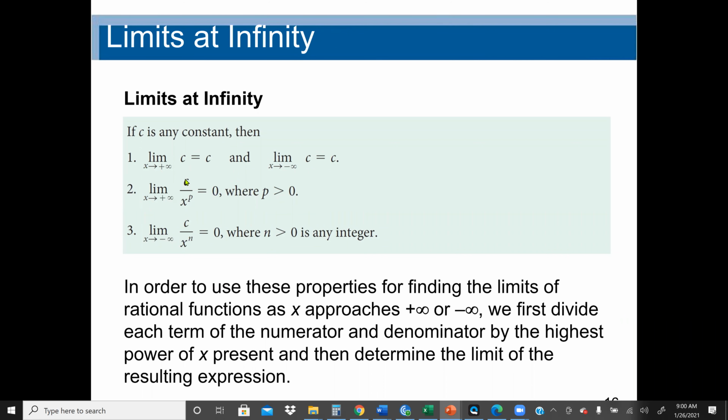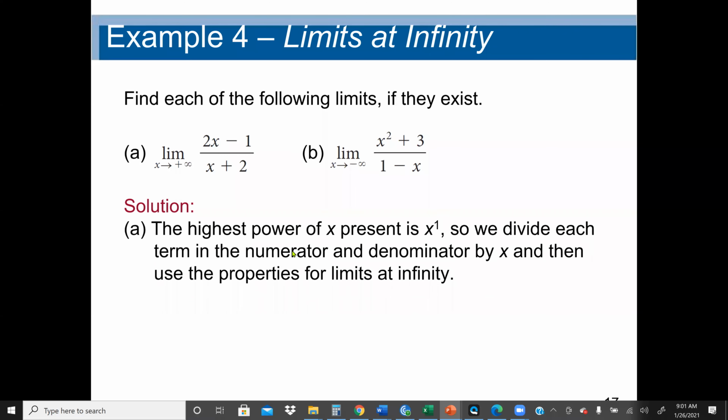Here we say that if we have a constant value divided by x raised to some value, the answer will be 0, whether it's approaching positive infinity or negative infinity, as long as the exponent is at least 1, greater than 0. And that's the exact rule that we apply here.